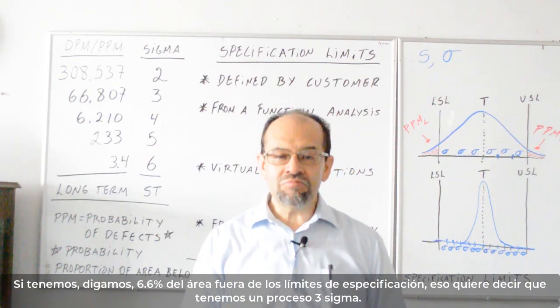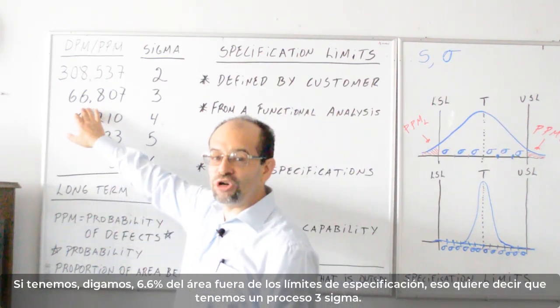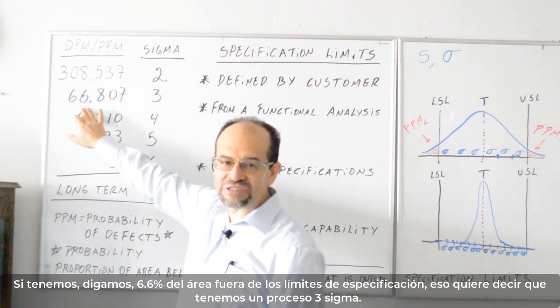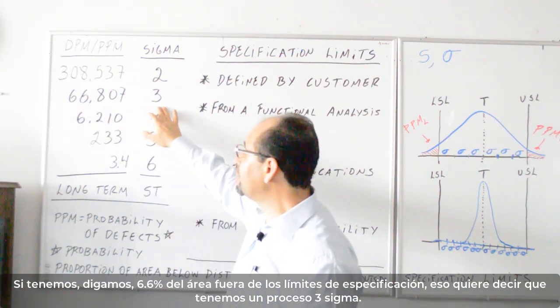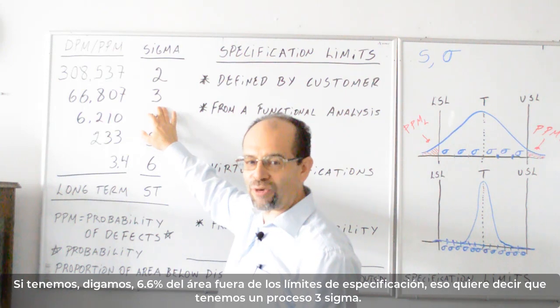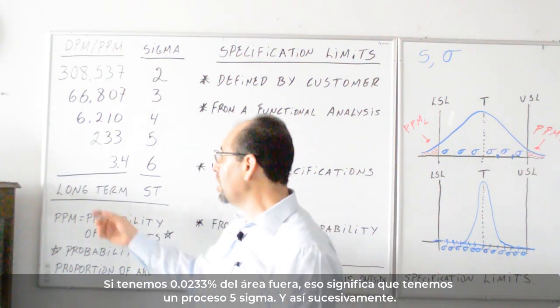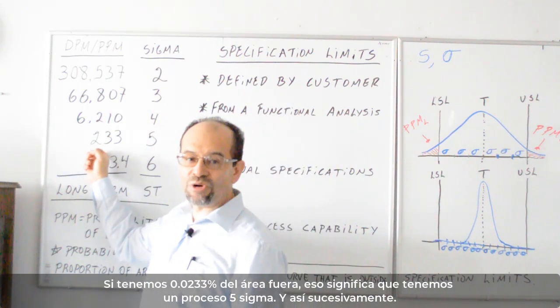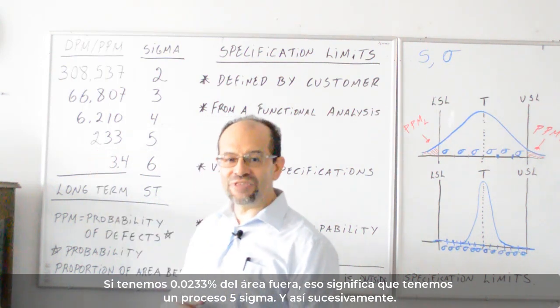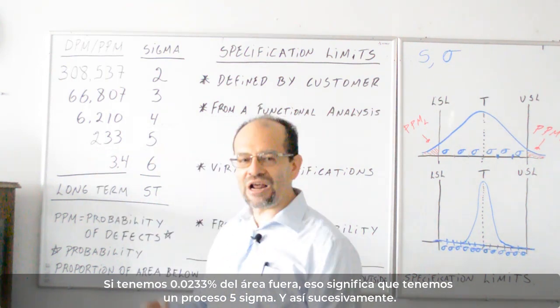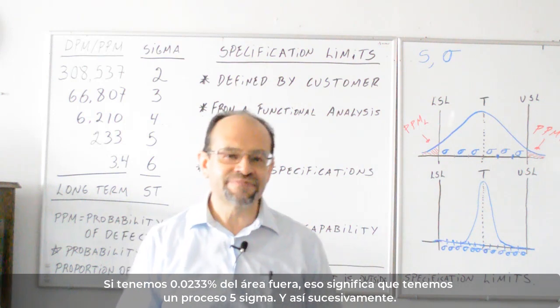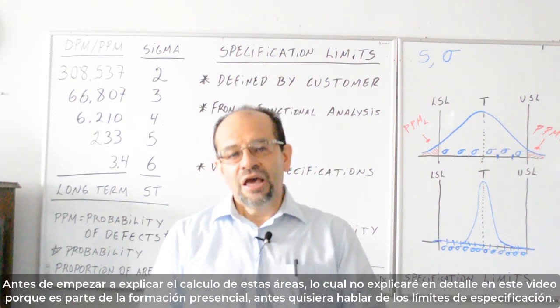If we have, let's say, 6.6% of the area outside the specification limits, that means we have a 3 sigma process. If we have 0.0233% of the area outside, that means we have a 5 sigma process, and so on.